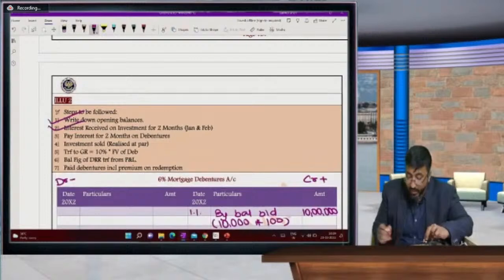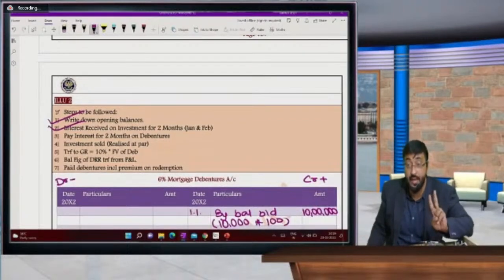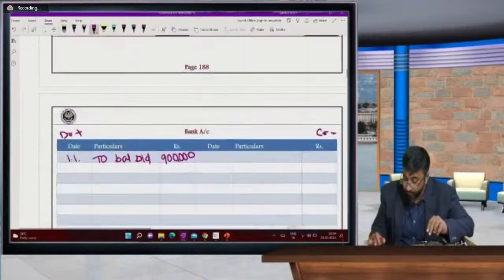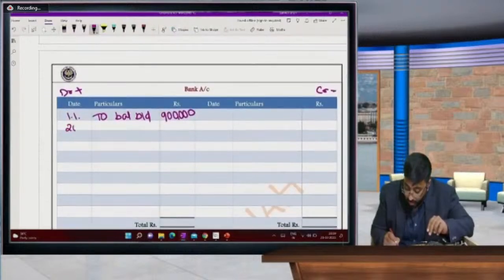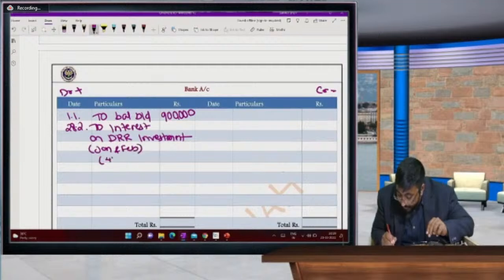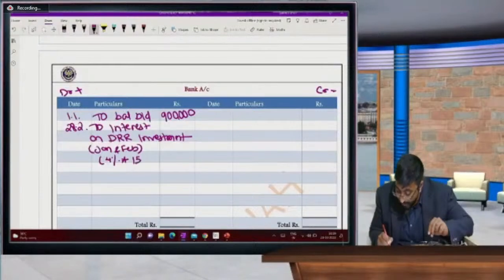Now received interest, 2 months' interest on 1,50,000. So bank account, 20th February, to interest on DRR investment. 2 months, Jan and Feb. How many percent? 4% into 1,50,000.